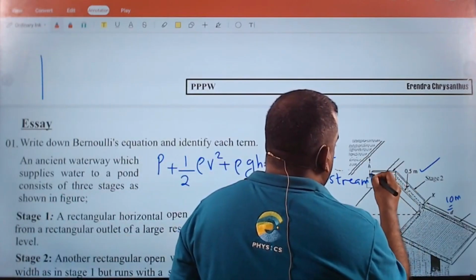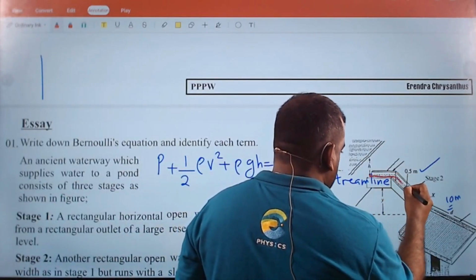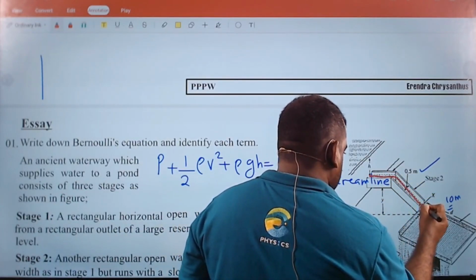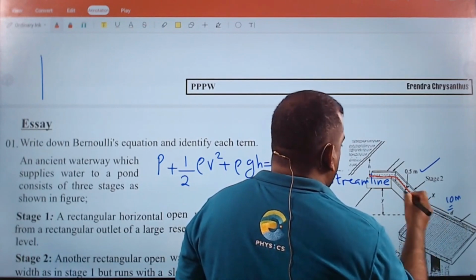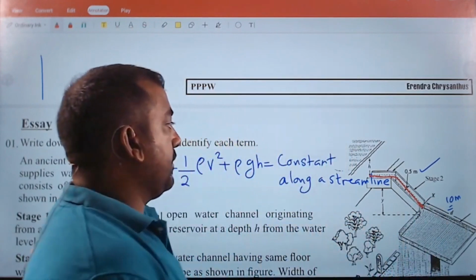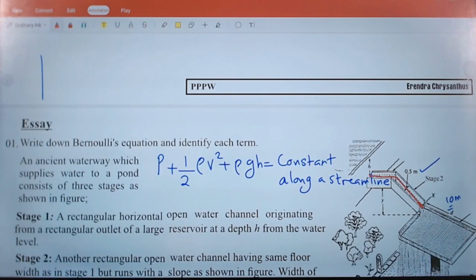So we can consider a streamline coming there. Top surface velocity we know. Bottom surface velocity also we know. So we can do the substitution.